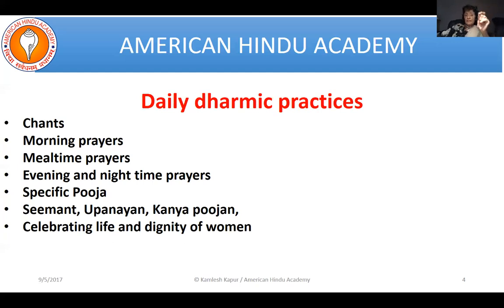Then there is specific puja. Now, the child is going to school for the first time on an auspicious day, on which they do Saraswati Puja. And usually it is on Vasant Panchami, which is in the month of January.